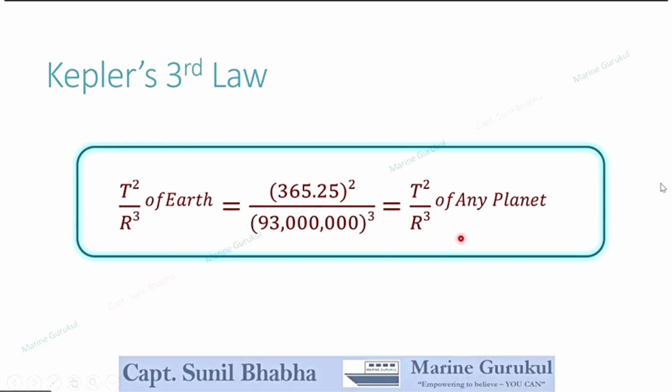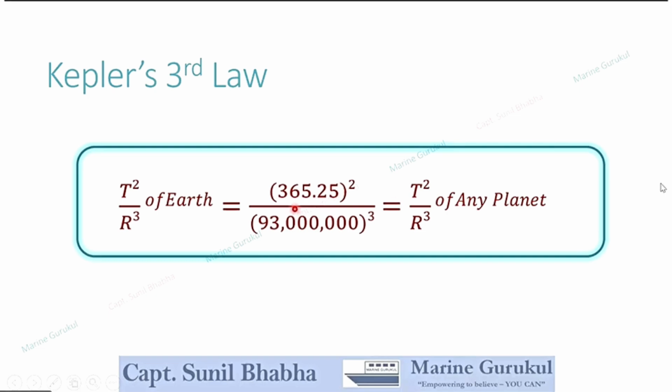By using this relationship, we can easily find out the second unknown item. If the orbital time period of a planet is given, we can put that in this relationship and obtain its orbital radius. And the opposite is also true. If they provide us with the orbital radius of a particular planet, we should be able to calculate the orbital time period of that planet.